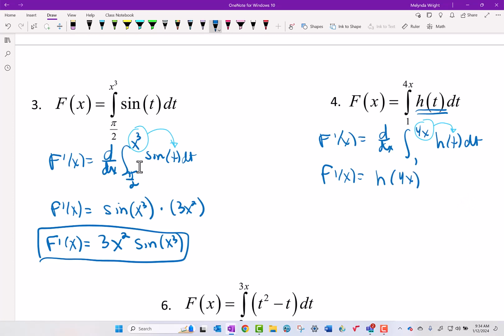No. I have to multiply by the derivative of 4x, right? What's the derivative of 4x? 4. And again, I'll rewrite it so it's perfectly clear. So it's 4h of 4x. And that's perfectly fine. We don't know what h is. If we did, we could do more with it, but we don't. So it's fine.